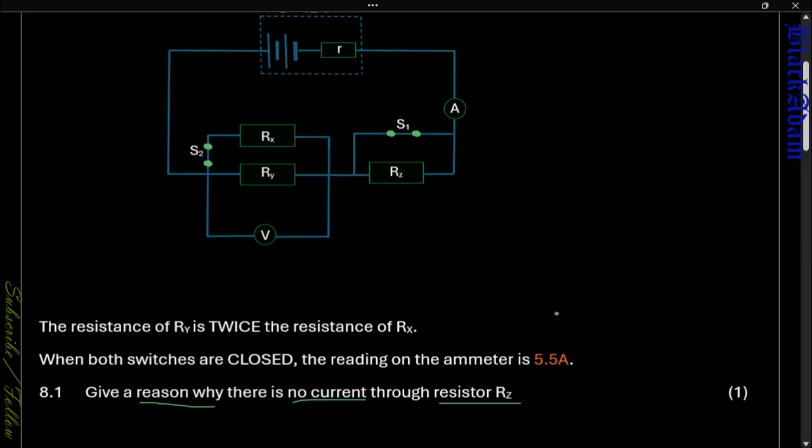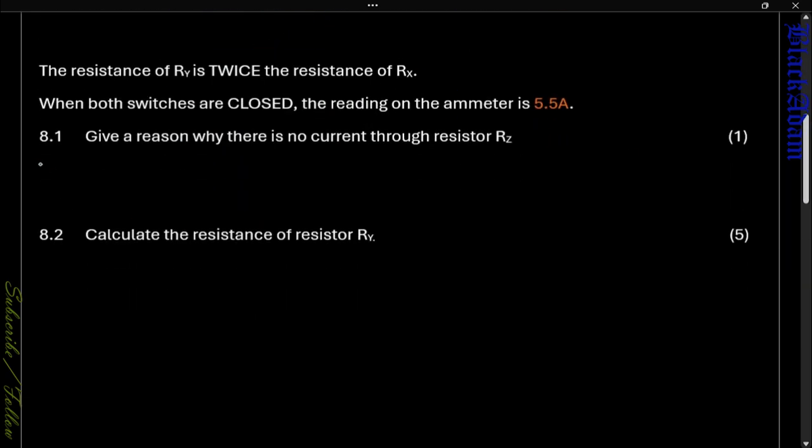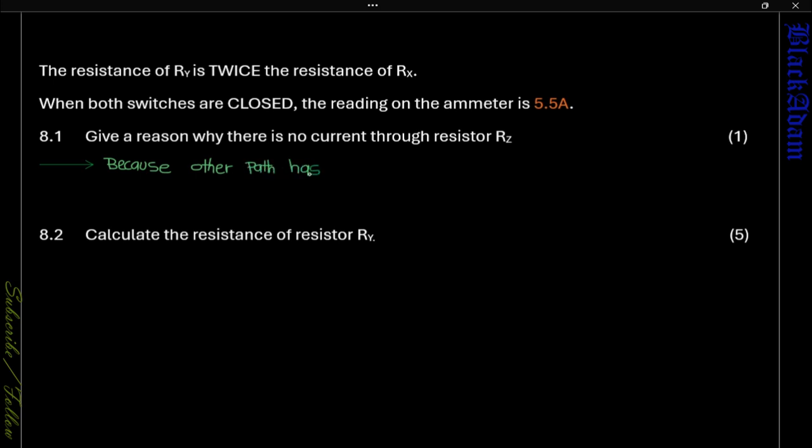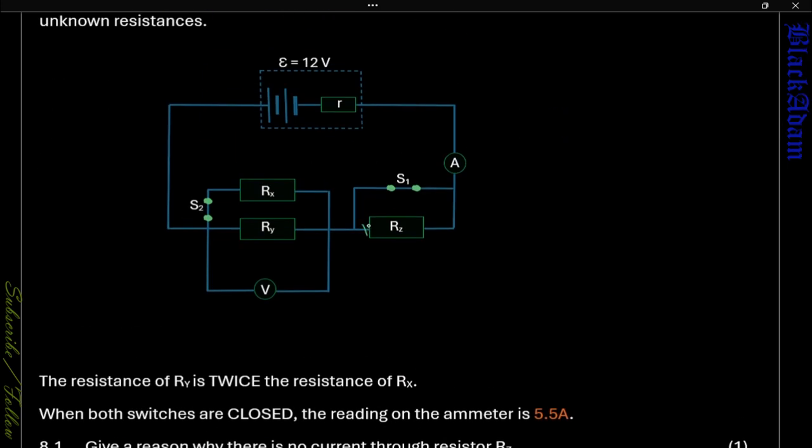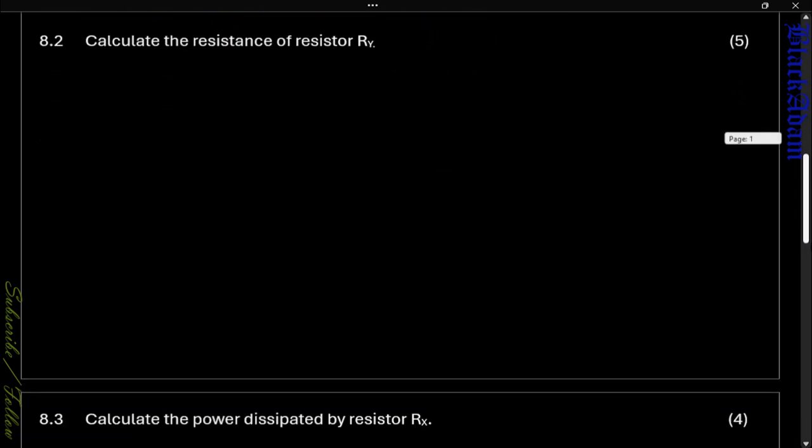So it would rather go on the freeway than where there is a roadblock. The electricity goes there, it doesn't go to the RZ.